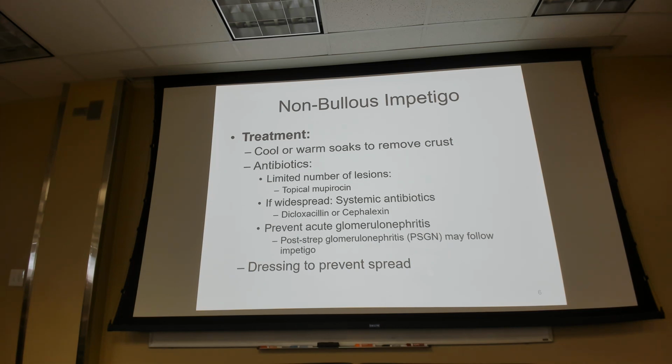Okay, if it's something small, it could respond to antibiotics. Mupirocin is the topical one that we would use if it's localized. If it's widespread, then we would have to get into the antibiotics like Diclox or Keflex.